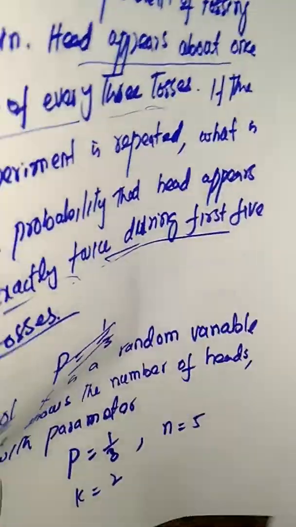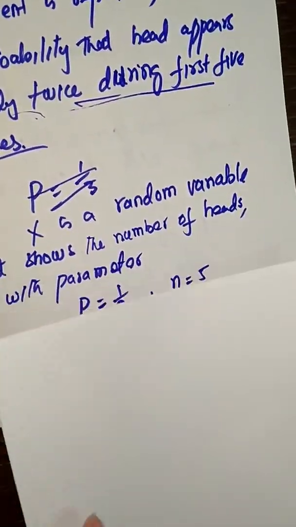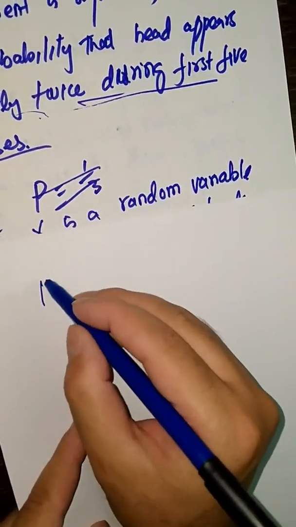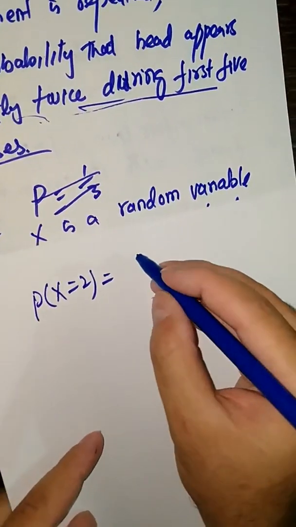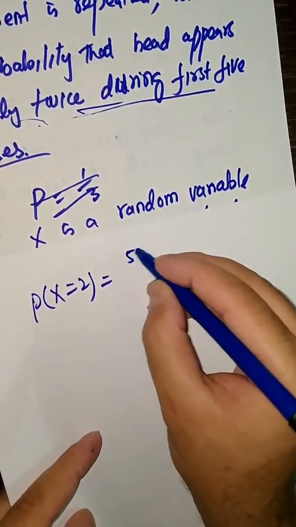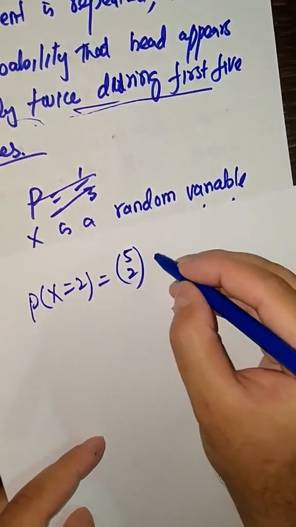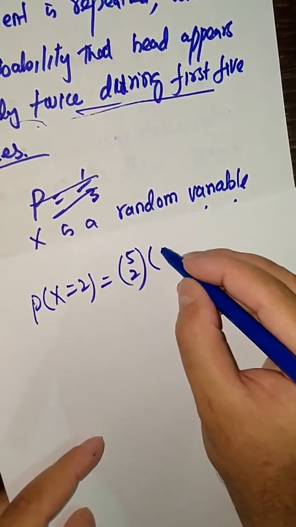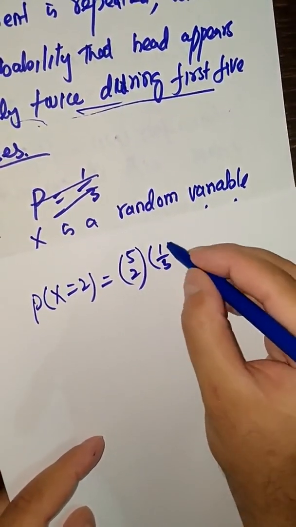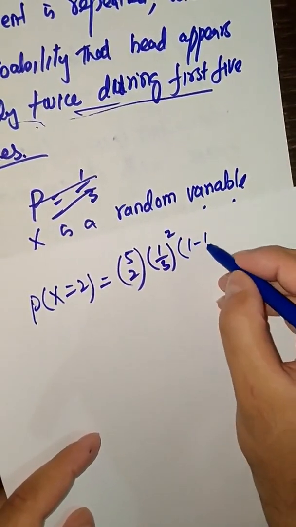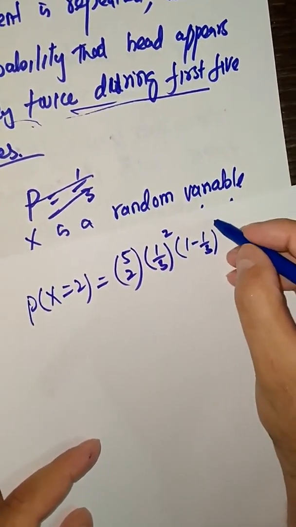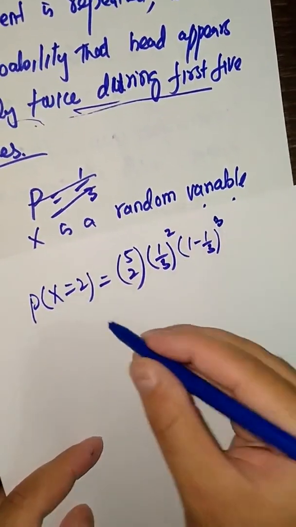So incorporating this in the binomial distribution, I will get P of x is equal to 2. This would be equal to 5 choose 2, and what was the probability? It was 1/3. 1/3 raised to the power k, which is 2, times (1 minus 1/3) raised to the power n minus k, which would be equal to 3.